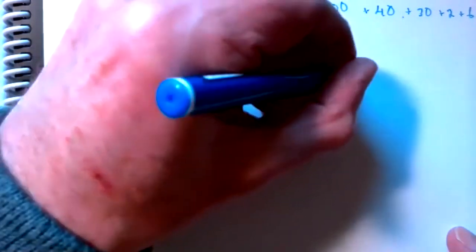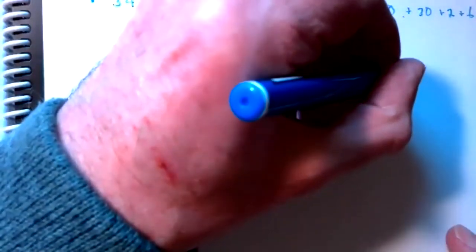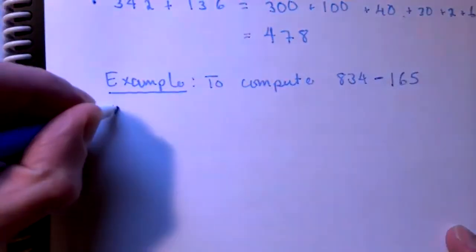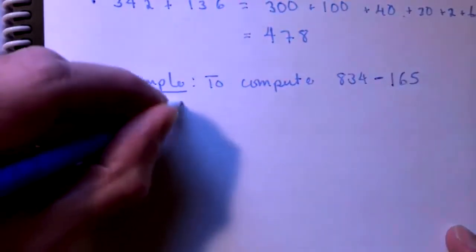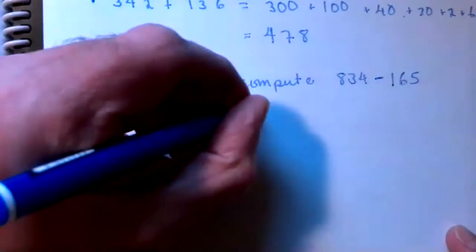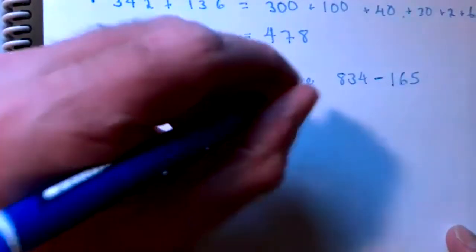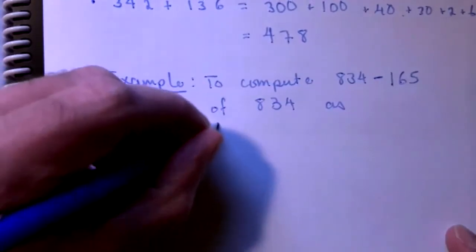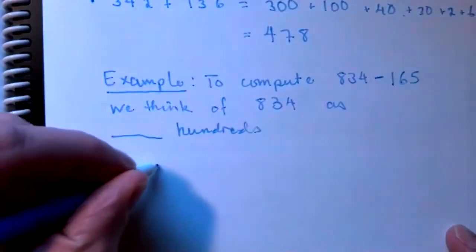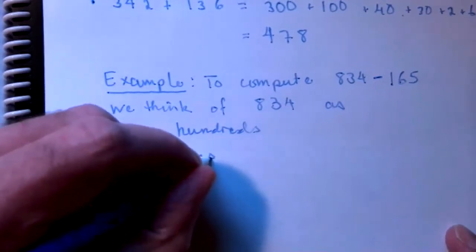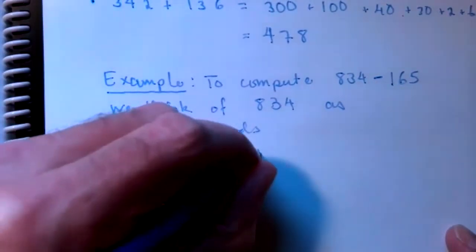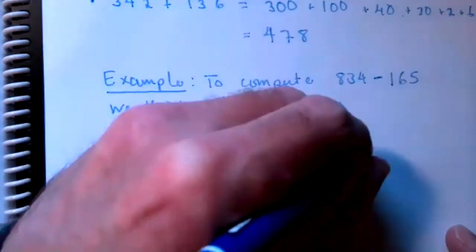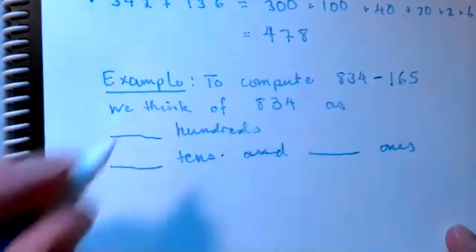To compute 834 minus 165, we think of 834 as blank hundreds, blank tens, and blank ones.